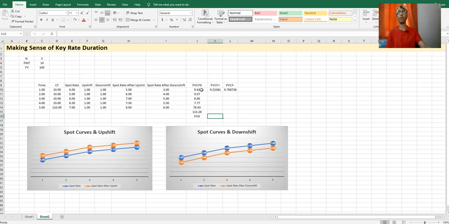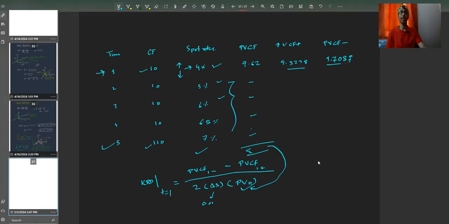Now remember, we have tweaked the individual cash flow. So here, please note one thing, on the numerator, it is PVCF of a certain period which is being taken. In effective duration or in modified duration, we were doing PV minus minus PV plus, right? Here we are not doing this.